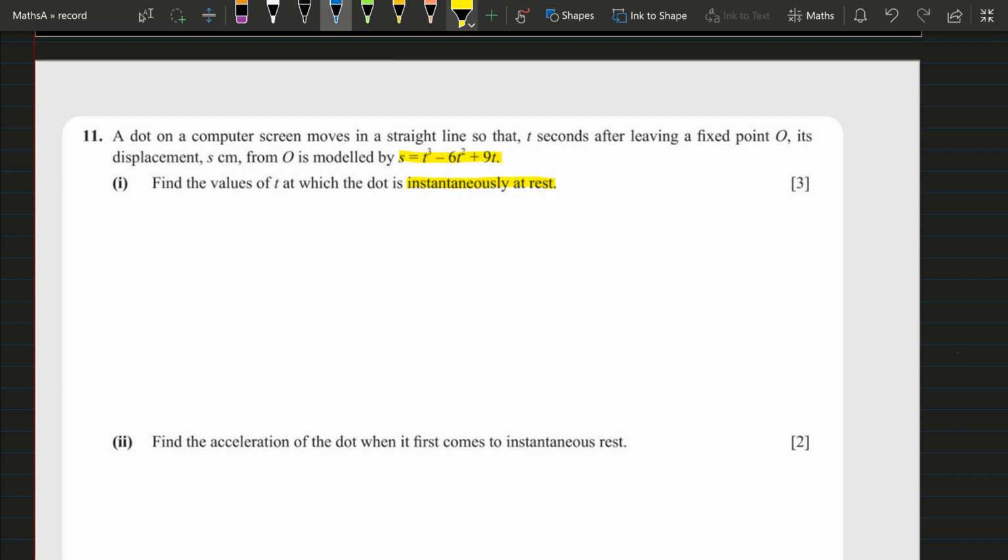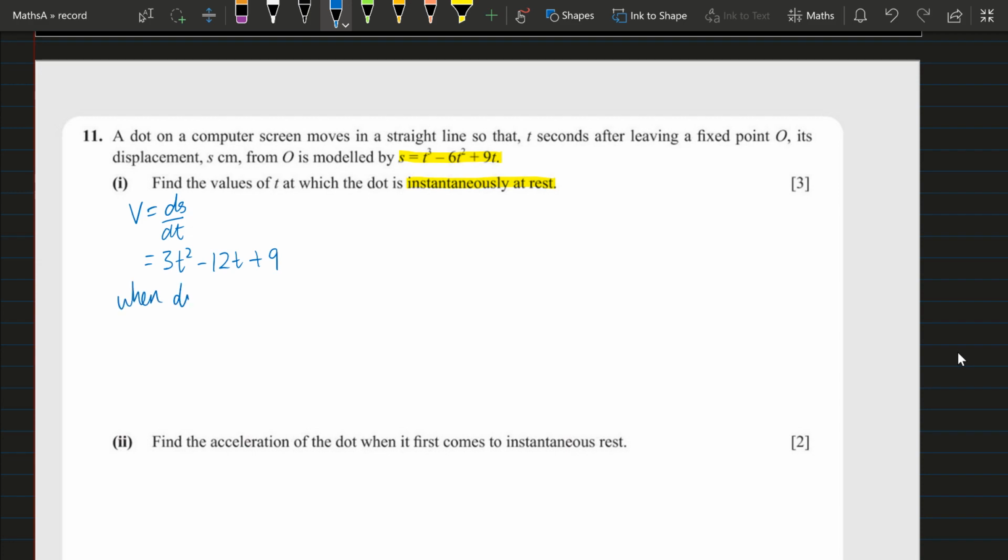So if we want the velocity, straight away you just go for a simple derivative of s, and we get 3t squared minus 12t plus 9. Okay, that's how we get the velocity, just differentiate the displacement. So instantaneously at rest means v equals 0.